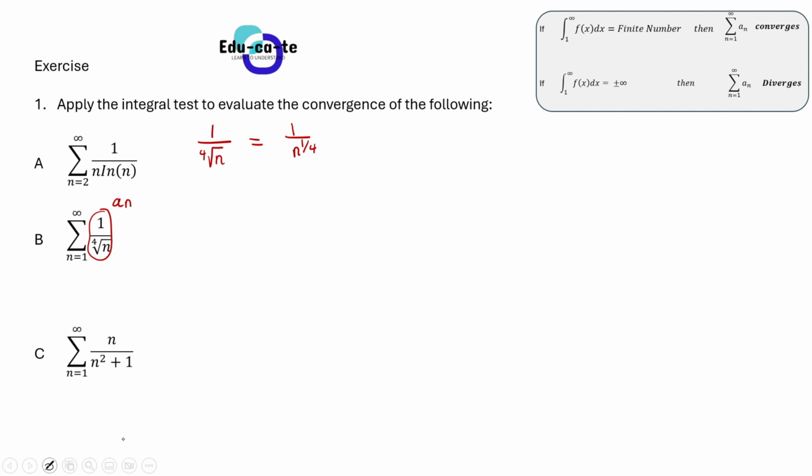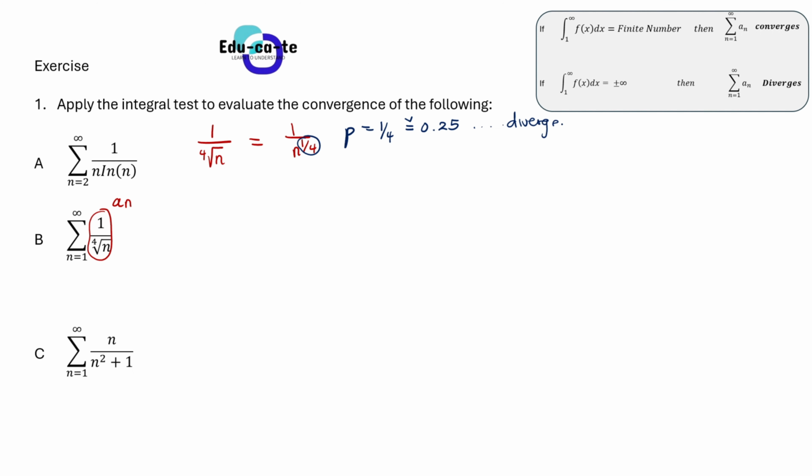Now you can see that this is actually a p-series. The exponent p is equal to 1 over 4, which is equal to 0.25, and 0.25 is less than 1. So you can say that this is a divergent series.